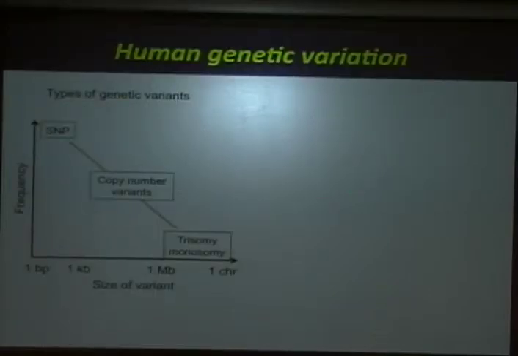Okay. Now I want to tell you a little bit about what kind of genetic change we find among us. Why are we different? And we've gone through a real revolution in this idea in the last 7 to 8 years. We used to think that the difference between us was all what we call single nucleotide polymorphisms.